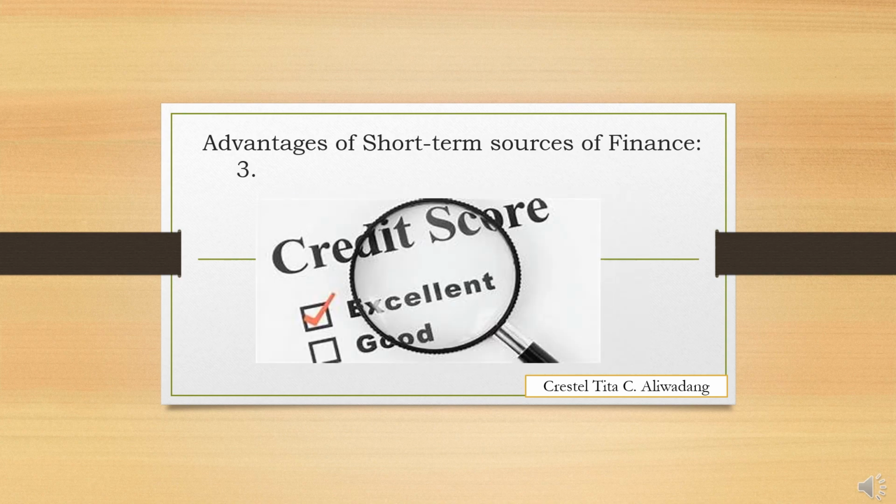The third advantage is it helps in improving the credit rating. Short-term financing sources have the benefit of choosing these loans that suit their personal circumstances. This type of finance can be easily paid off by the firms, which helps in improving their credit rating. If any firm has a bad credit history, they can easily improve that from short-term finance.